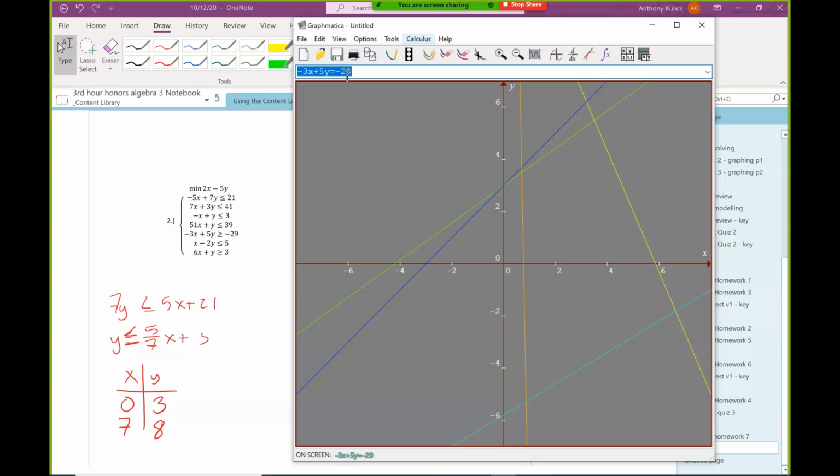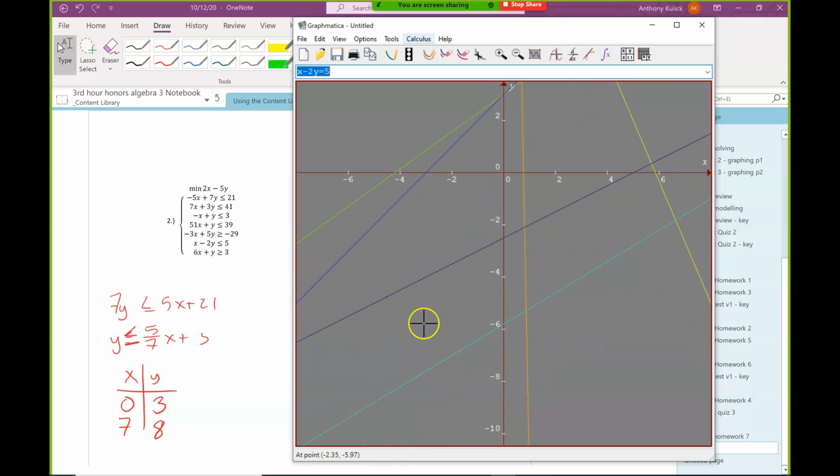And we're above this spot, so now we're in this region here. Everybody okay with that? Okay. And we have x minus 2y equals 5. And we're below that one, so now we're down in this region down here.